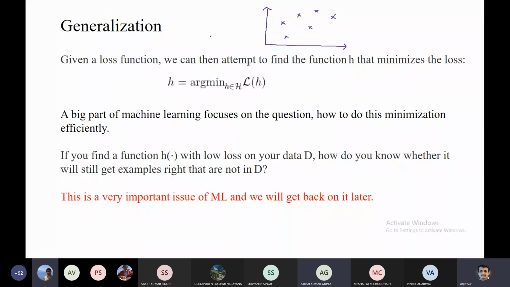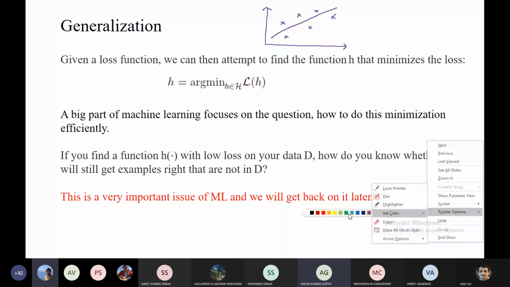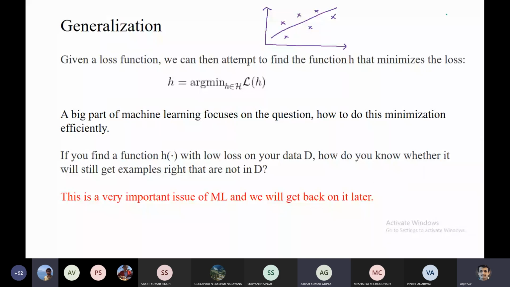We have these points here, and we have seen that this is our linear function, and these are the corresponding losses, and we want to minimize these losses that we have shown in the last slide.